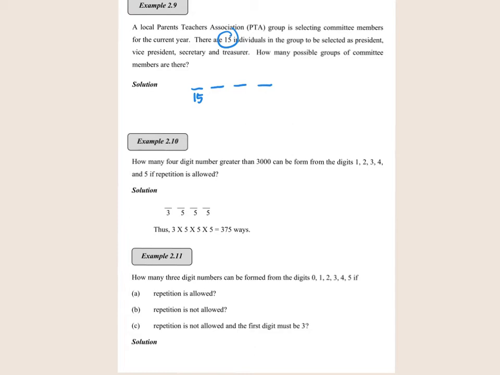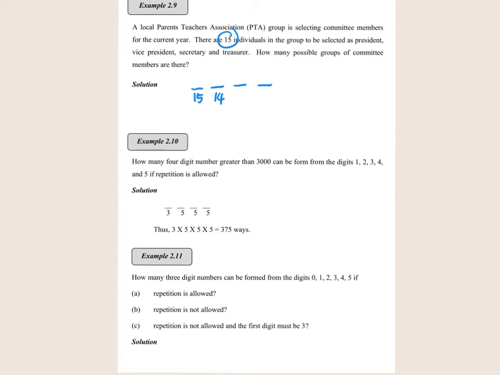So let's say one person is already selected to be the president. So the remaining individuals are 14. So only 14 individuals can be selected to be vice president, because the one who is already selected to be president cannot be the vice president. So that's why we have to minus 1 from 15 individuals. So we have 14 for the second slot, which is for the vice president.